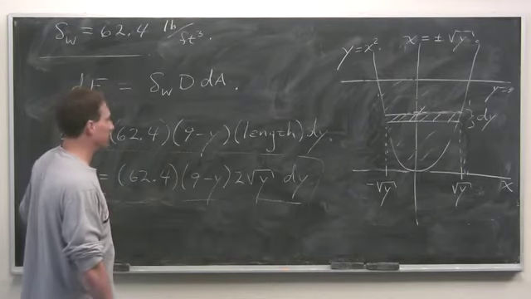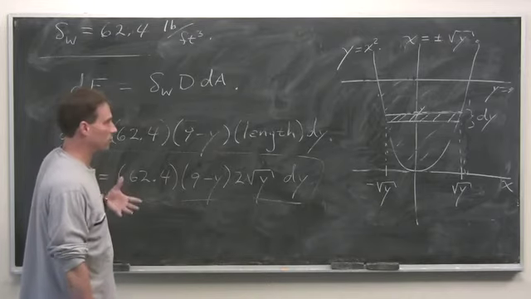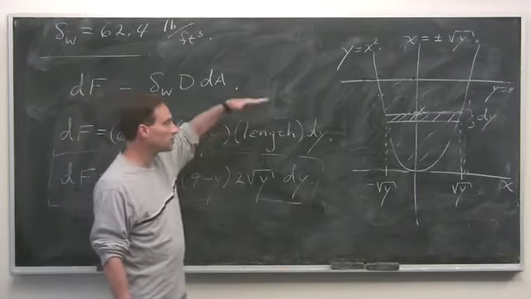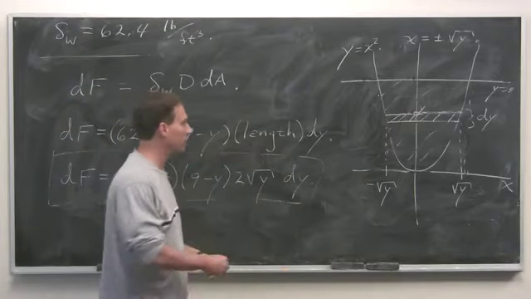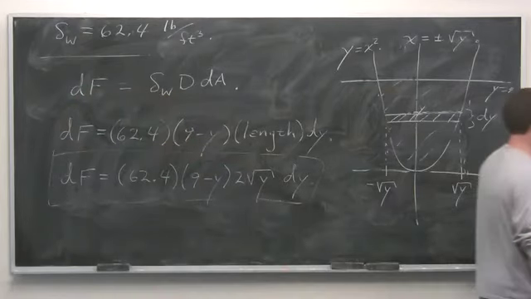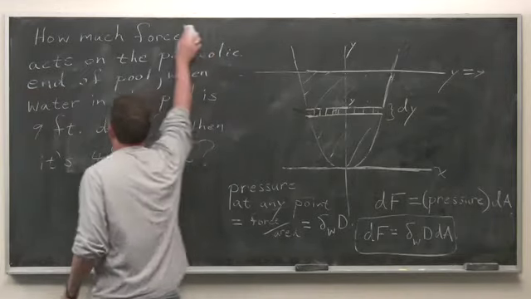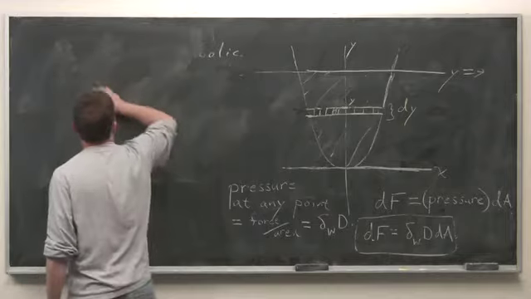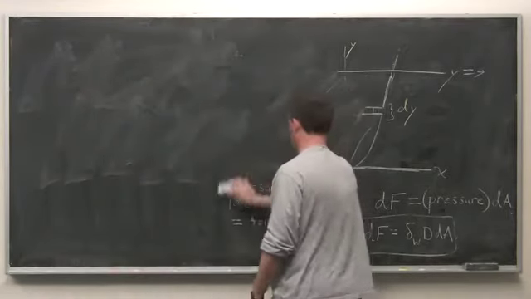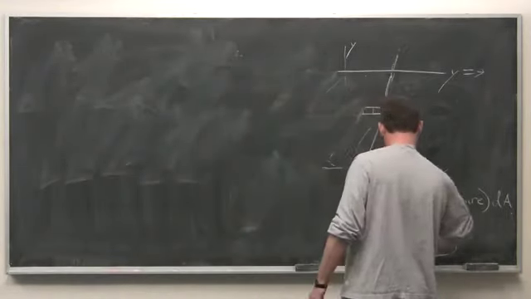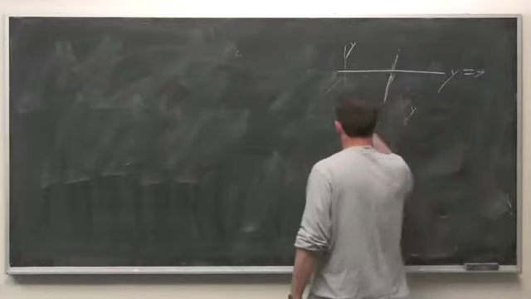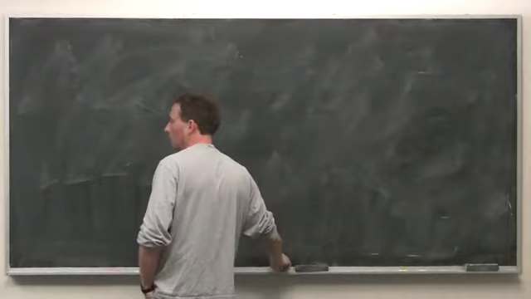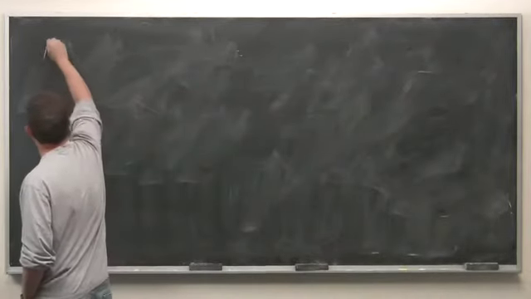So what do you do to get the total force that acts on that end of the swimming pool? Add up all the infinitesimal forces every place that we have water, which is from y equals 0 to y equals 9. So now you just take the total force.